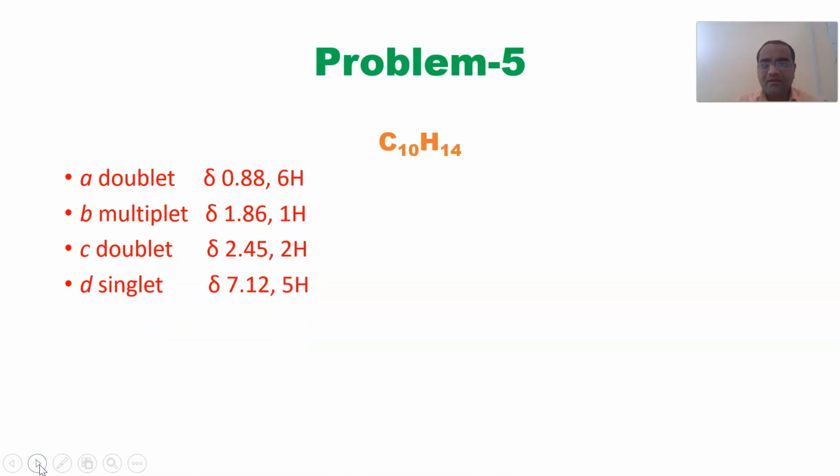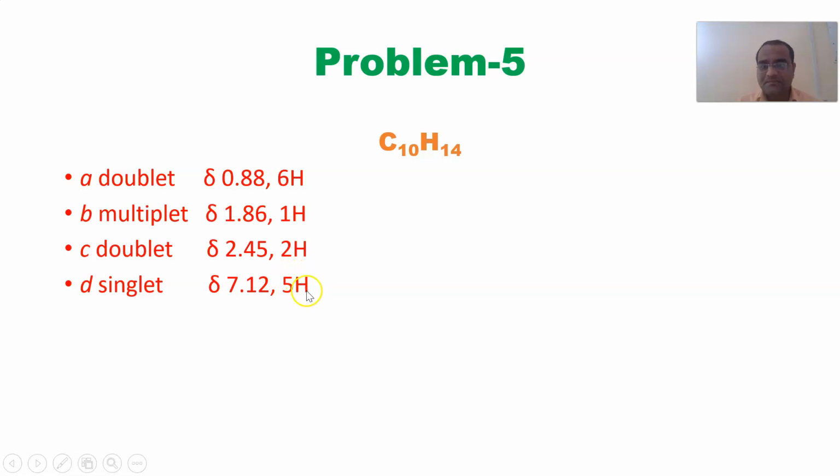Problem number 5. Again, the same molecular formula, C10H14. Now looking at the data: doublet at delta 0.88 6H, multiplet 1.86 1H, doublet 2.45 2H, singlet delta 7.12 5H. Looking at this data, the first assumption you might have drawn is that it has an aromatic ring with 5 hydrogens.